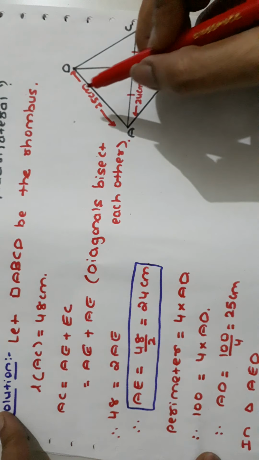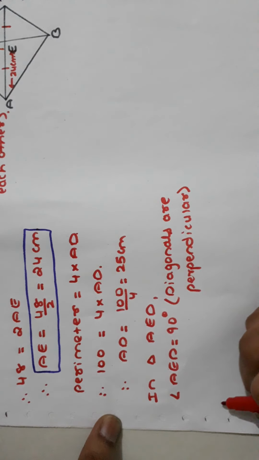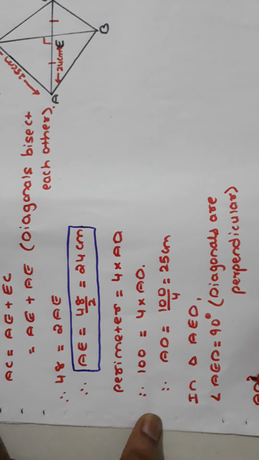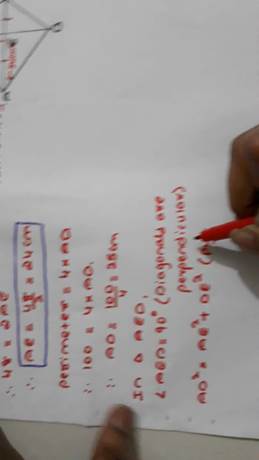So here we can use Pythagoras theorem to find the length of DE. Now Pythagoras theorem is AD square is equal to AE square plus DE square.